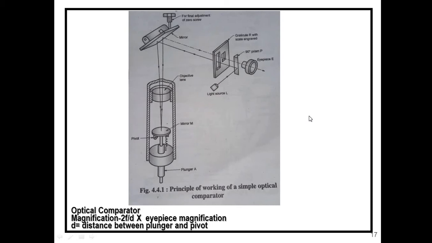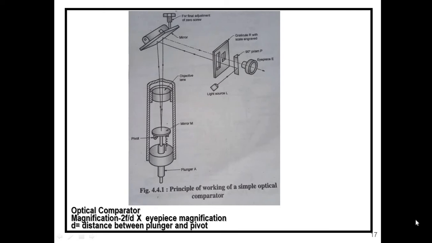Now let us see the principle of operation of a simple optical comparator as shown in this figure. So we'll discuss this now. As you can see, the workpiece to be checked is inserted here. This is the plunger.